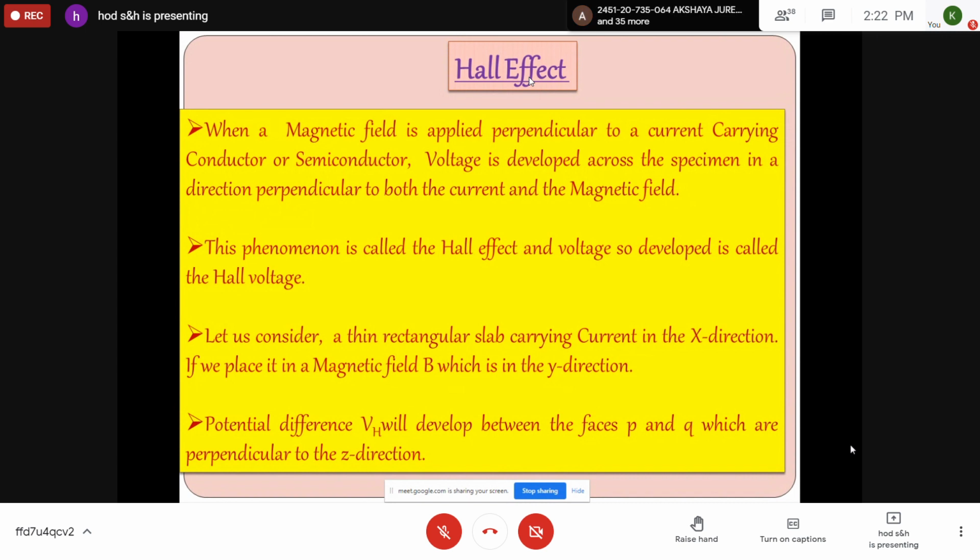An electric field is produced inside the material in a direction normal to both the current and magnetic field.